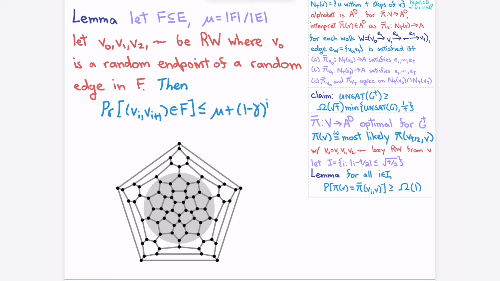Maybe these are all the edges that are satisfied, and supposedly there's a limited number. So the odds that your walk will always stay completely in this set will be mu plus 1 minus gamma to the i, where gamma is the spectral gap. This is almost the exact same as we had before.